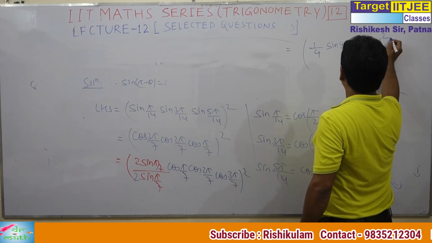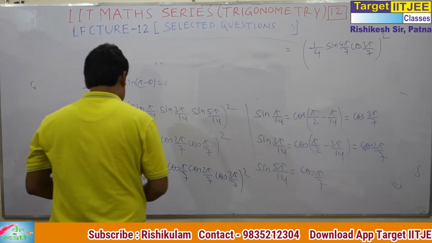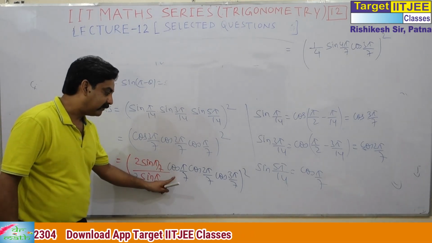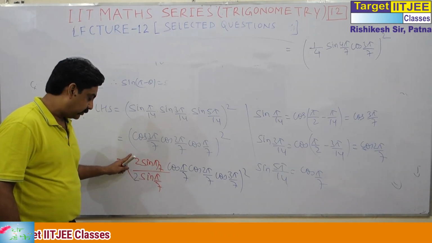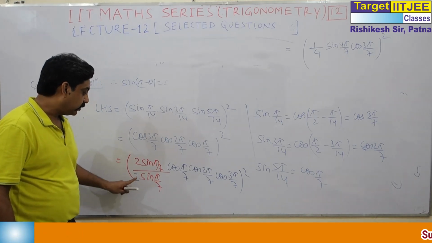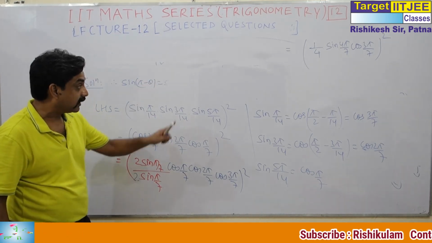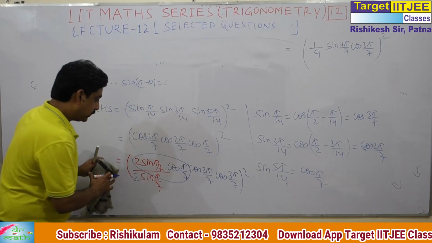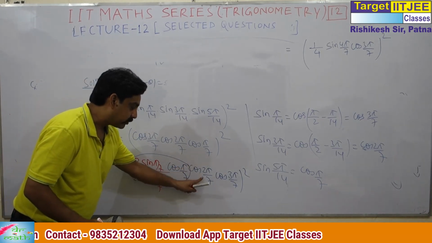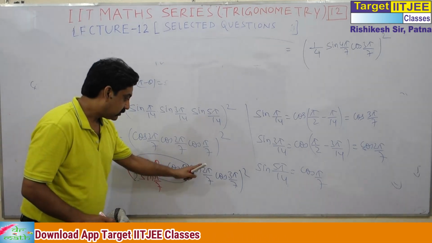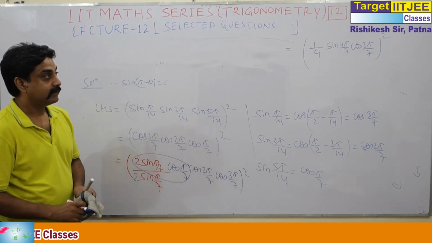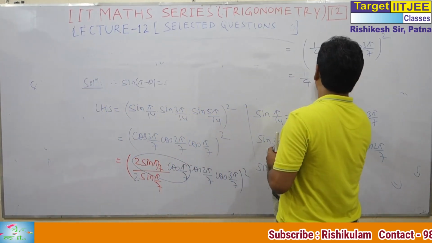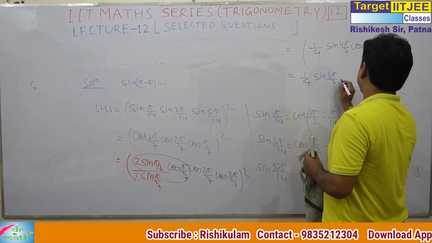I have done 2 steps together. I think you are getting it. 2 sin pi by 7 into cos pi by 7 is what? Sin 2 pi by 7. Then multiplied in numerator and denominator again by 2. So denominator becomes 4. And 2 sin 2 pi by 7 into cos 2 pi by 7 is what? This is sin 4 pi by 7. Now change this one as 1 by 4. Change this one as sin 3 pi by 7.